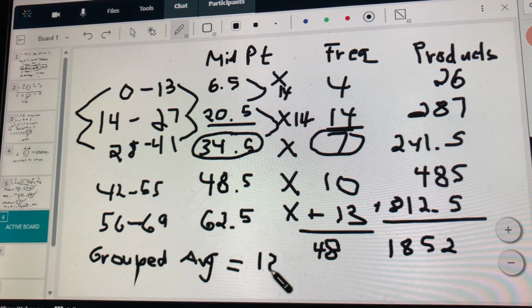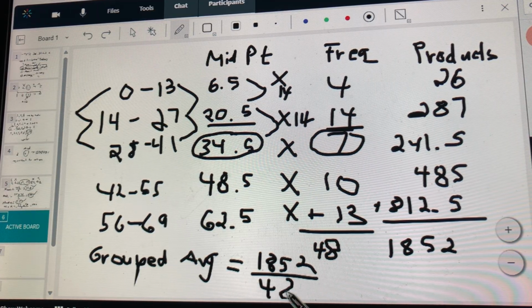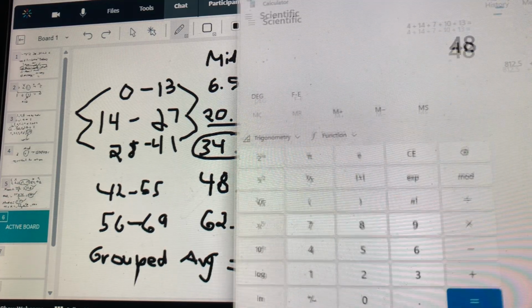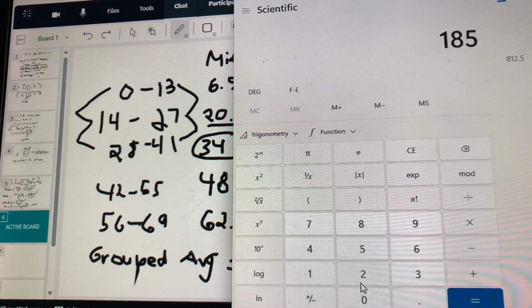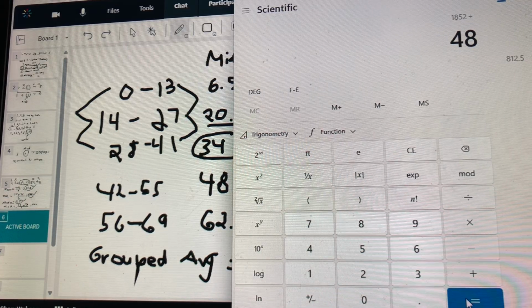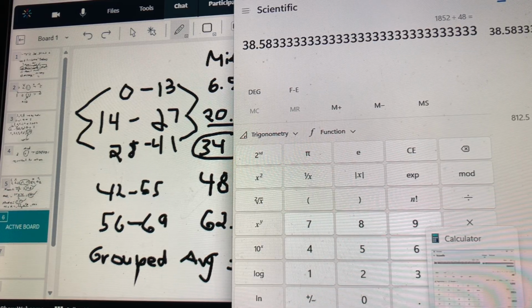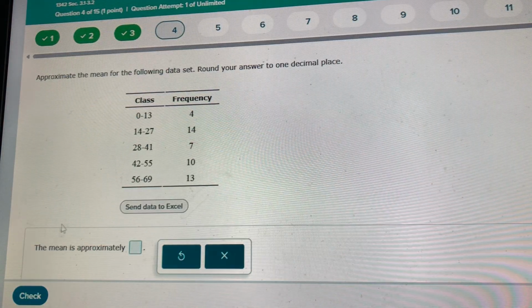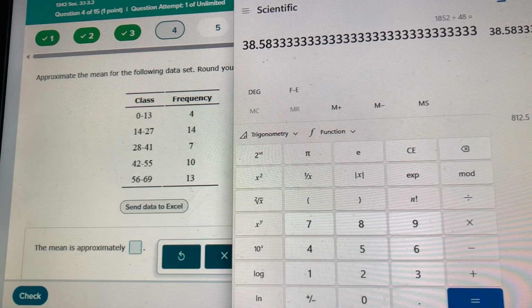And it would be 1852 divided by 48. And then usually when it's a long decimal, they'll tell you to round it somewhere. Round to 1 decimal place, it says 38.5, but after the 5 there's an 8, so add 1 to the 5 and make it 38.6.